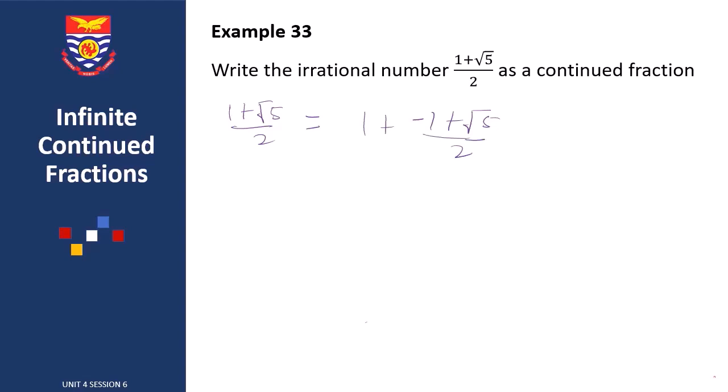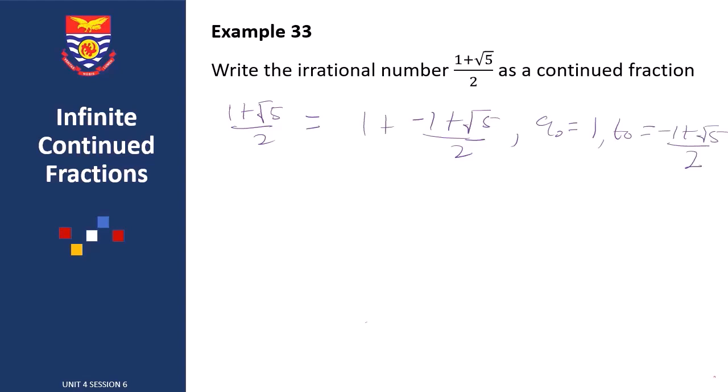Once you're able to write it in this form, you can see that it is the same as a0 plus t0. In this instance, you can say that your a0 equals 1, and then your t0 equals (minus 1 plus root 5) on 2.